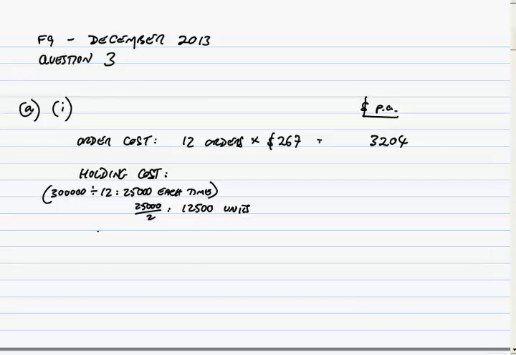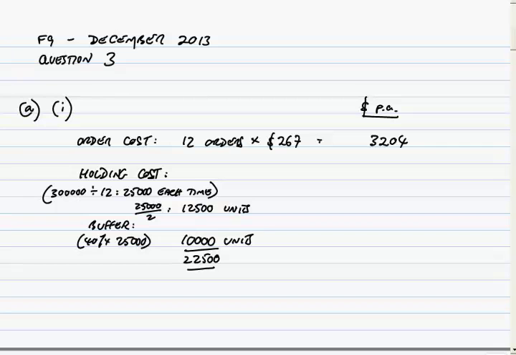In addition, though, we do have this buffer or safety inventory. And so, throughout the year, we're keeping extra inventory to be safe, and the extra, it says, is 40% of 1 month's sales. Well, it's 25,000 a month, so there'll be an extra 10,000 units kept for safety. So that 10,000 is always there.